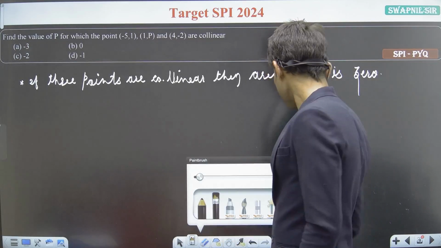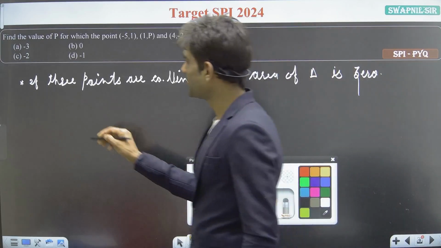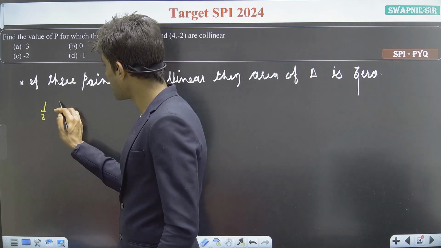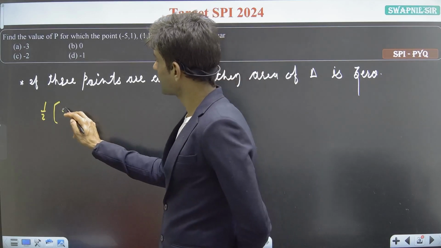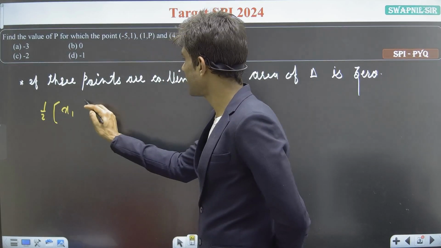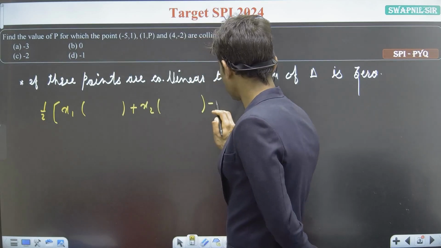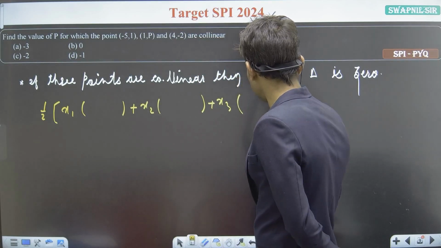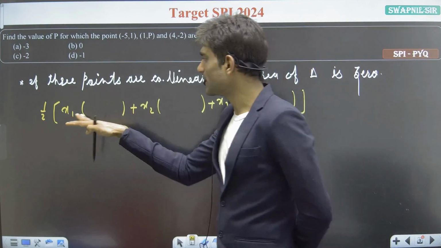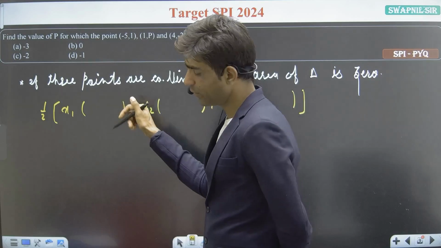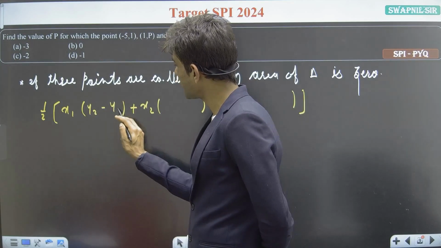So if the area of a triangle goes to 0, that means we write 1/2 into x1. First of all, write down the basic way: x1 here, plus x2 here, plus x3 here, and another bracket. Then complete the bracket. As we have x1, next we take y2 minus y3.